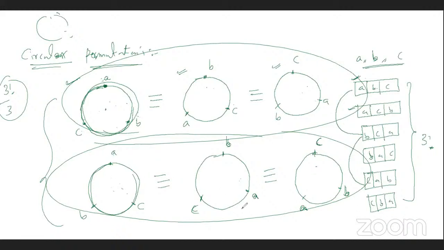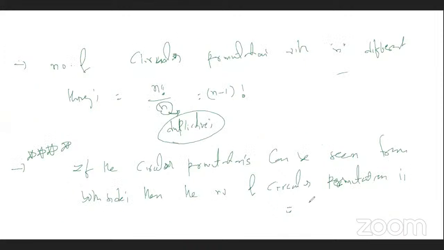If you can see the circular permutation from both sides, suppose the front side looks like this, the back side looks like this. Then these two circular permutations we can consider the same. So for this we have one correspondence, so half of them will be there. Is it right? Yes, sir.